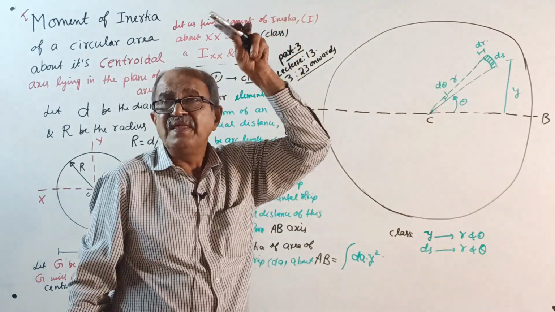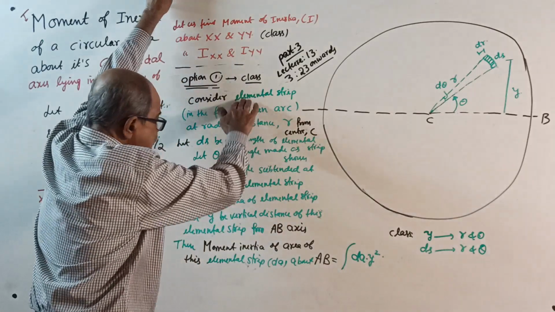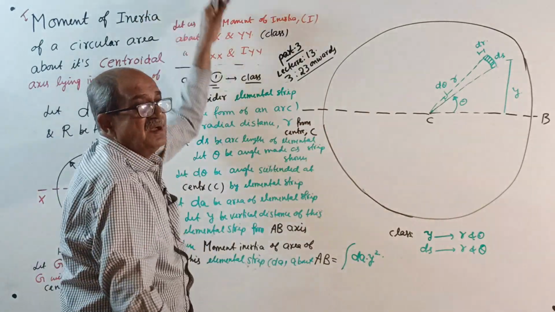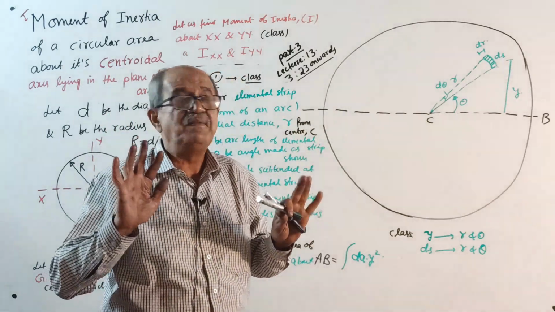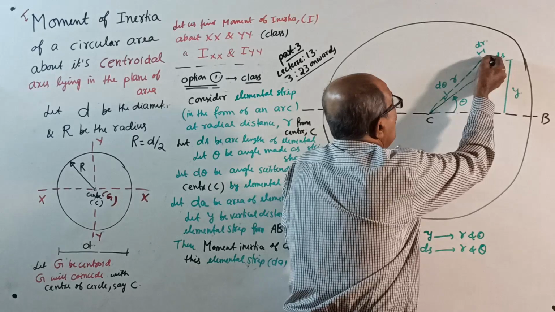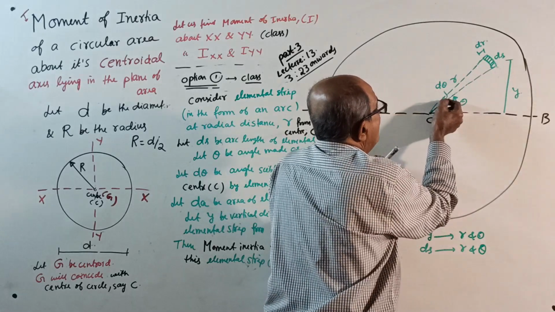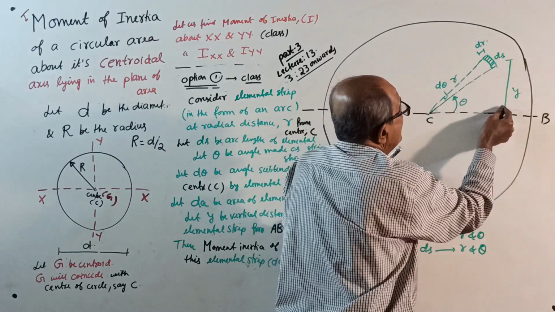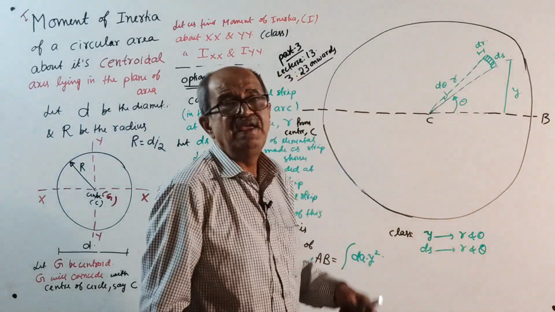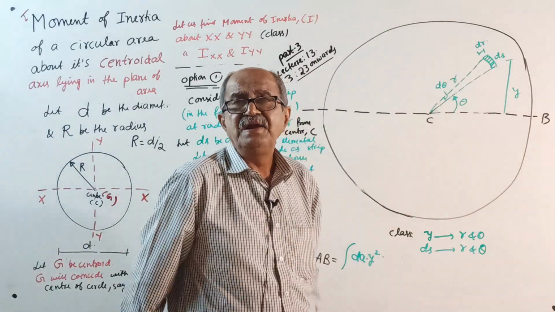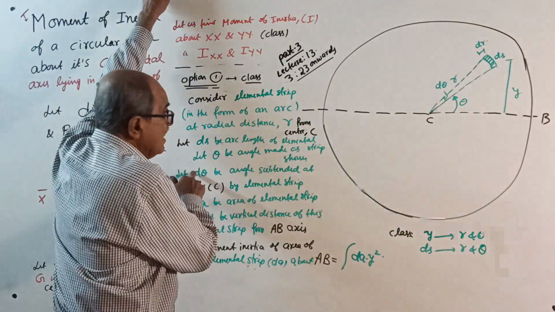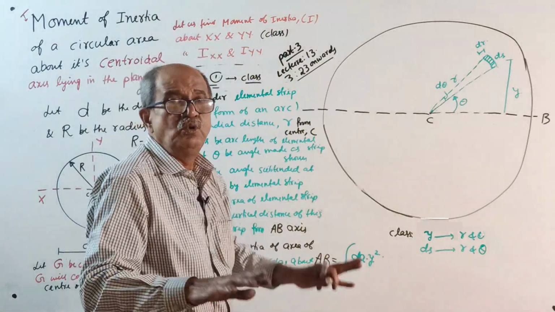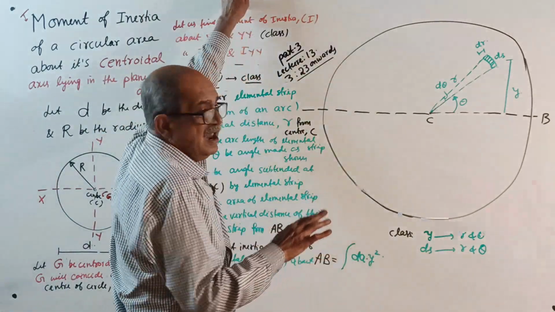So therefore everything will come the same. I told at that time, today I will explain each and every concept. This small length, angle theta, what is d theta, what is r, what is y, all I explained on that day. Then I told, when you go to the moment of inertia class, you come back here, study and go back. Do that one. But anyway, I will briefly explain.